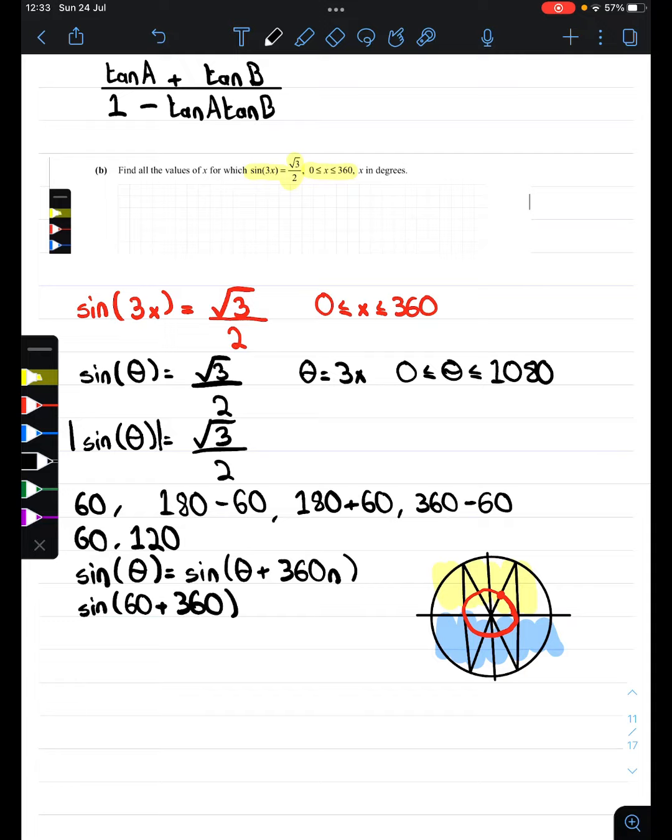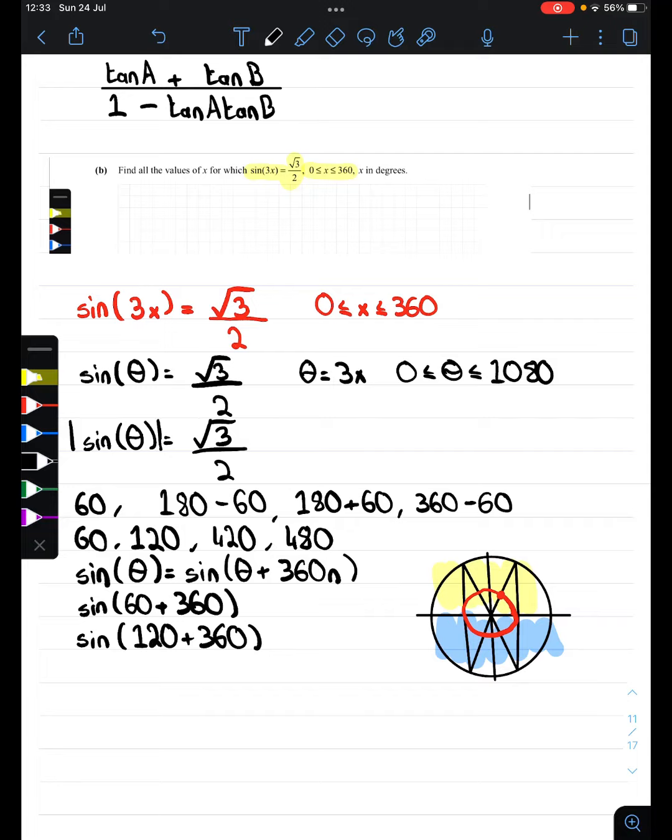And we see that this angle is still below 1080. Right, so let's add 60 plus 360, which is just 420. Now we add 360 to 120, 120 plus 360, and this equals 480. So this will work as well, because it's less than 1080.